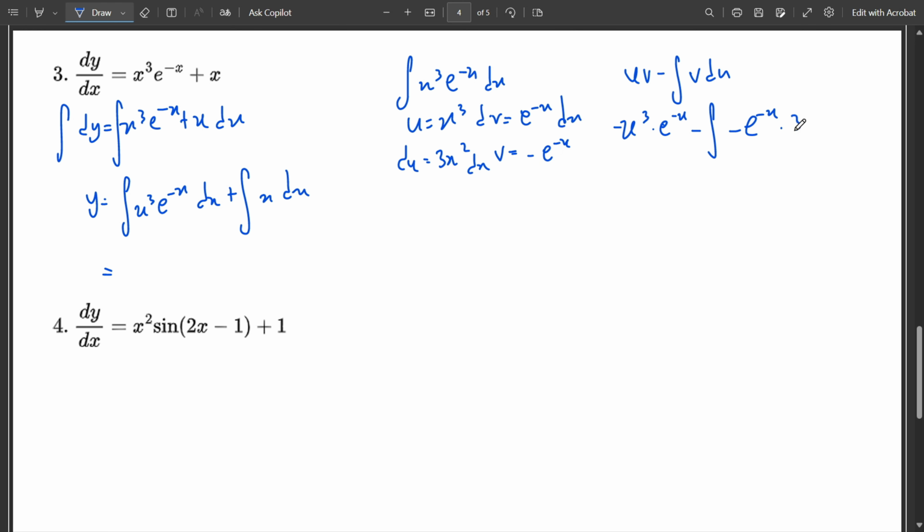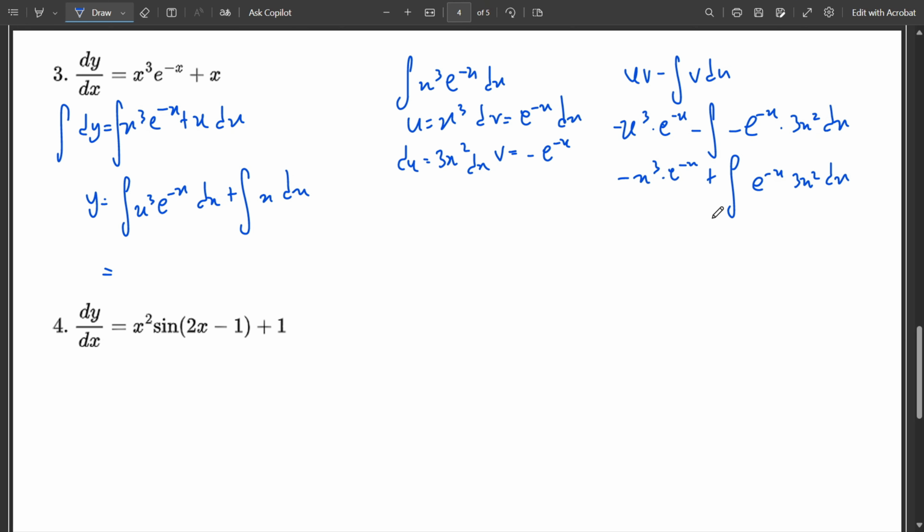And we have to integrate this also. So minus x cubed times e to the negative x, plus, taking out the negative, the integral of e to the negative x times 3x squared dx.